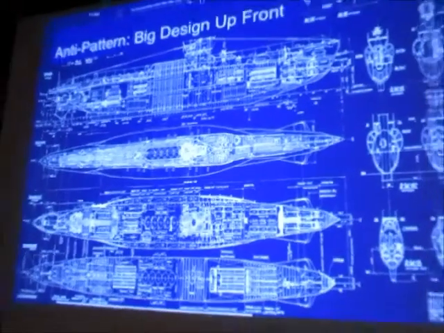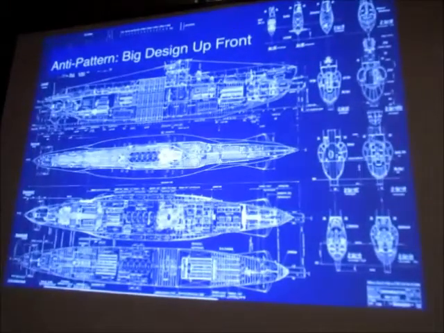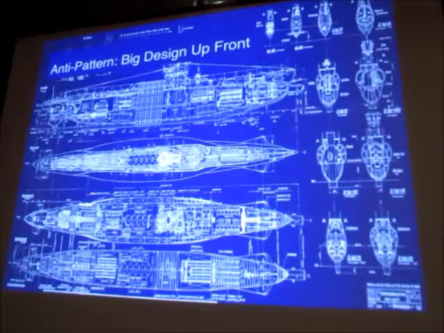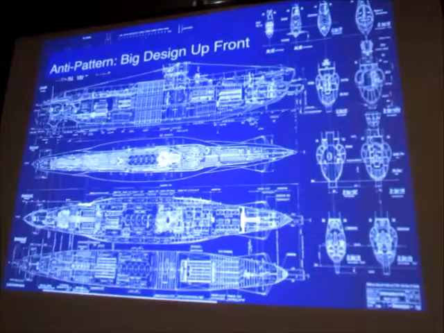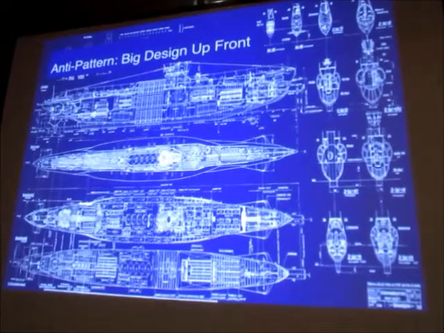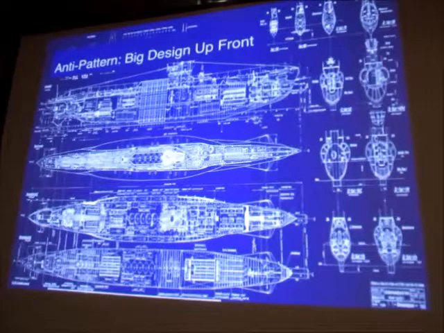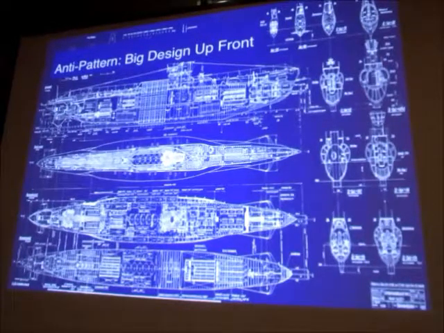so I'll show you some examples of anti-patterns, big design up front. Has anyone seen this? Where you design it and you very likely over-design it because you're anticipating things that might never come to fruition.